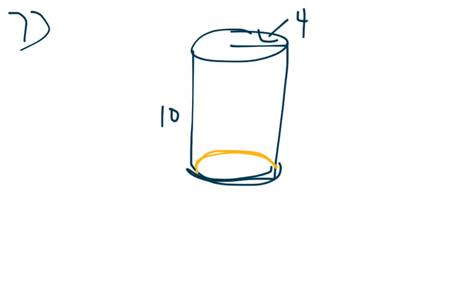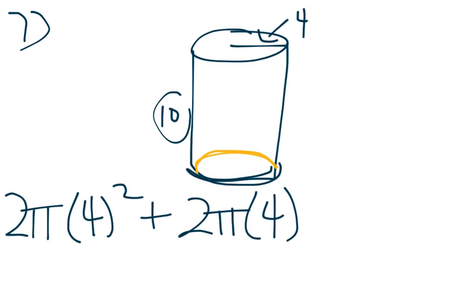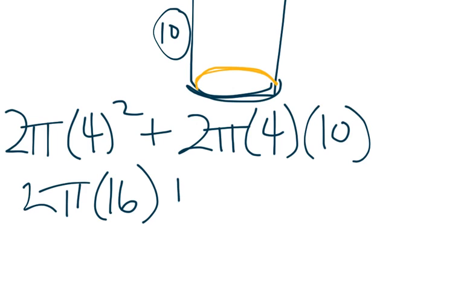Number 7, we have a radius of 4, so let's plug that in. 2 pi 4 squared plus 2 pi times 4 times the height, which is 10. So 4 squared is 16, and 4 times 10 is 40.